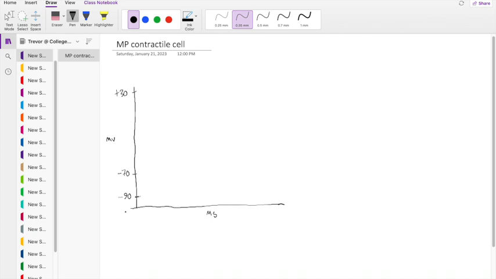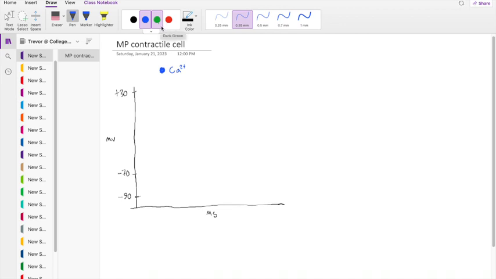Okay, so now let's add some of our proteins or channels to this figure. And I'll try to color code everything here. So let's do it this way. Put this off to the side up here. Let's go ahead and say that blue, everything we put on this figure in blue, that's going to be a calcium-related event. So Ca2 plus.